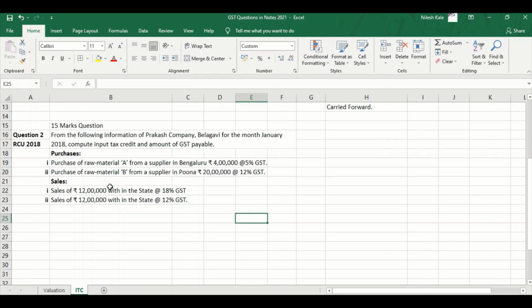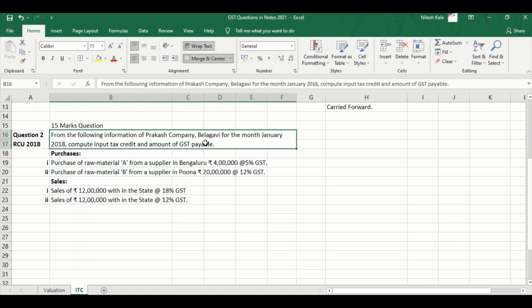Because this question is given in different stages, like they have given purchases differently and sales differently, and if you closely look at the question, there is a place of business in Belagavi, and interstate and intrastate transactions have been given. Bengaluru and Belagavi both are in Karnataka, that is intrastate transaction.